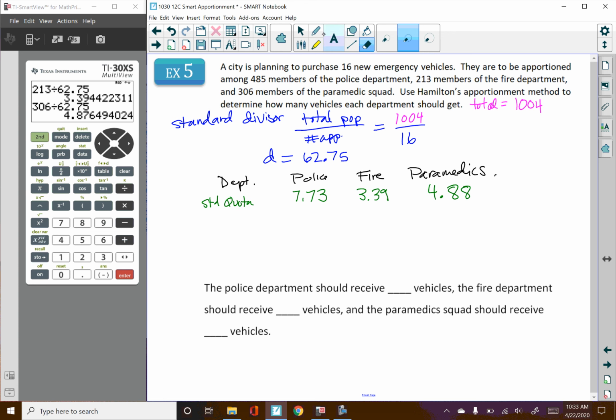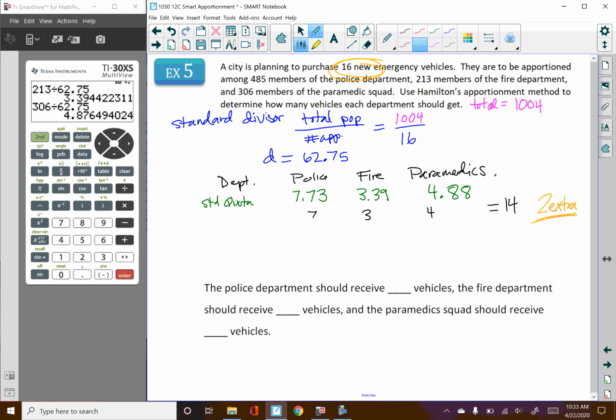Okay, I'm going to go ahead and erase this. So we have the standard quota. So the police department's guaranteed 7 vehicles. The fire department's guaranteed 3. Paramedics are guaranteed 4. If we round those down, we have a total of 14. So in this scenario, we're apportioning 16. We have 2 extras. So we need to decide how to apportion those 2 extras.